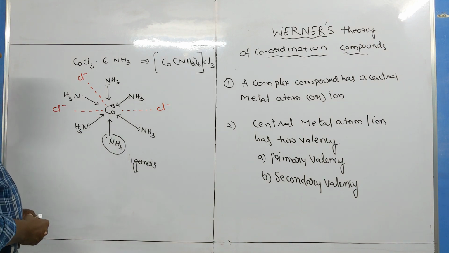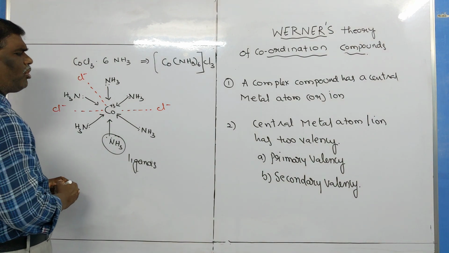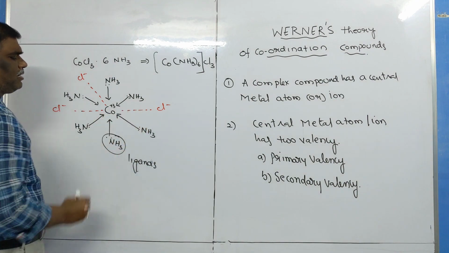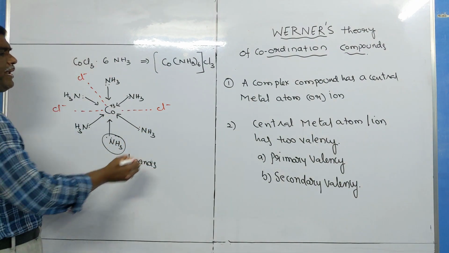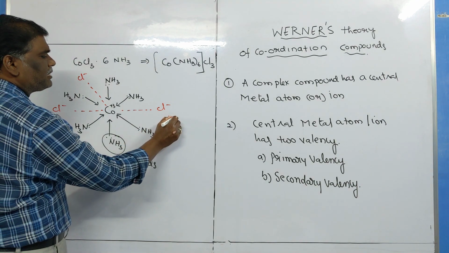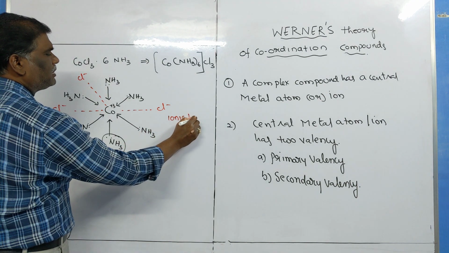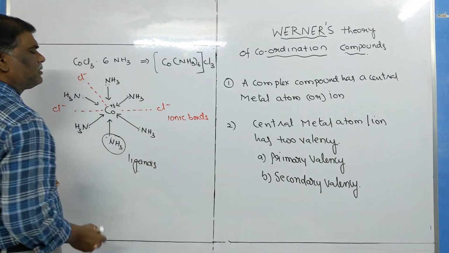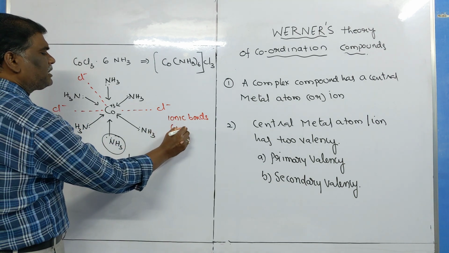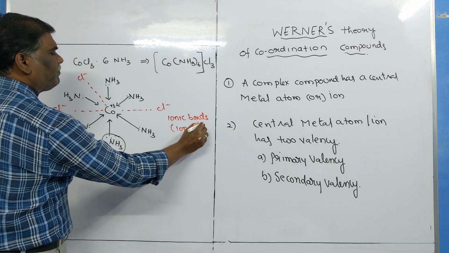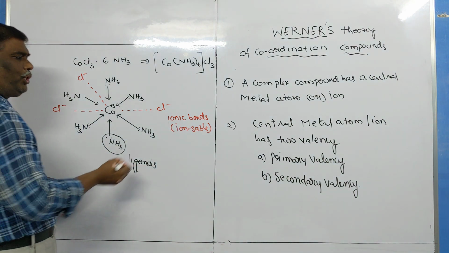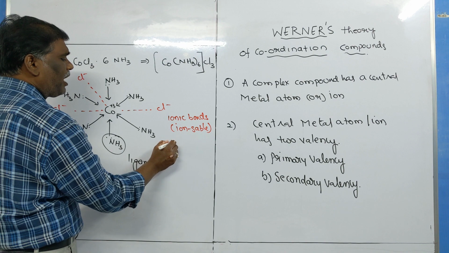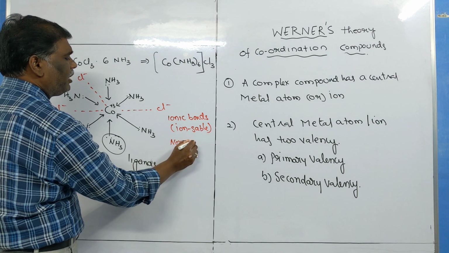Primary valency is indicated by dotted lines because primary valency represents ionic bonds. Dotted lines represent ionic bonds. That means these species are ionizable. You know, an ionic bond is non-directional.